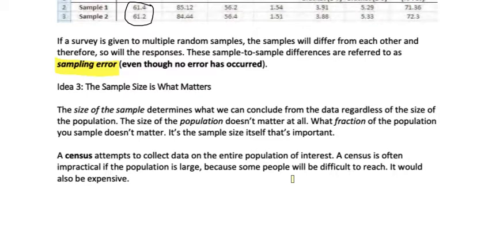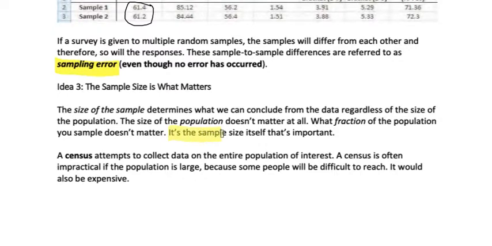So a lot of times you'll see polls on the news where they're asking maybe 1,000 people or 2,000 people how they're going to vote, and you might think that, well, that's not very many people to ask considering the entire population of the country is like 300 million. However, a sample of that size can accurately represent the population if it's chosen in a good way. So sample size itself is what's important.